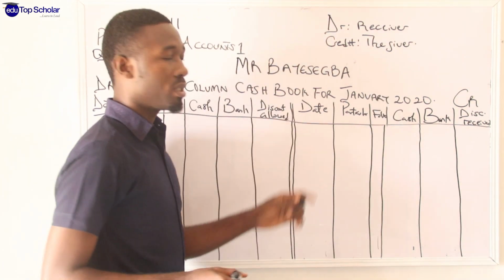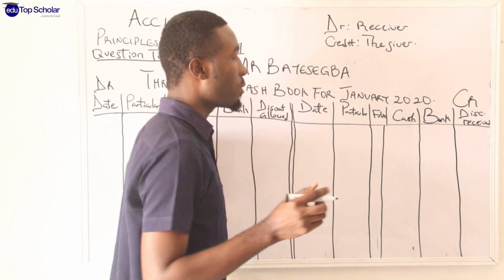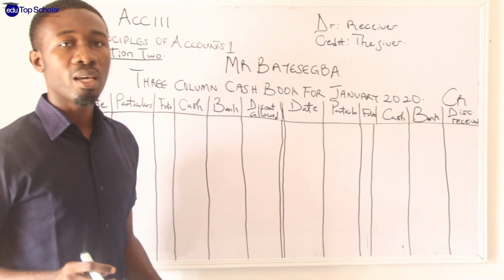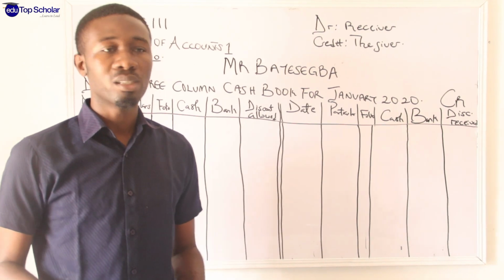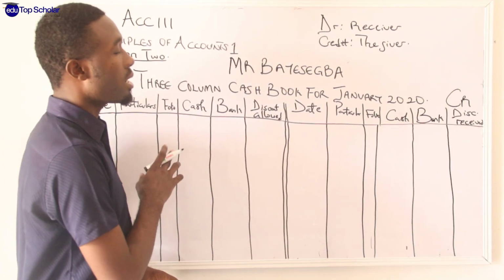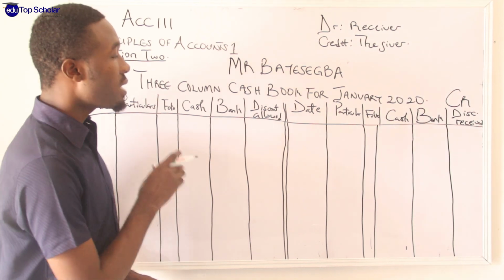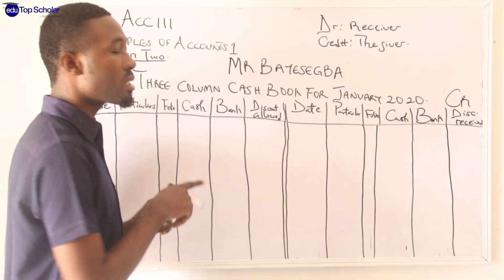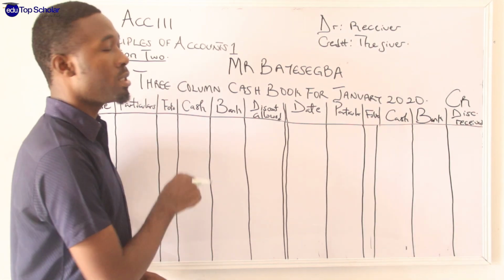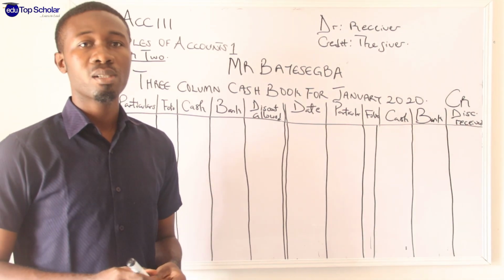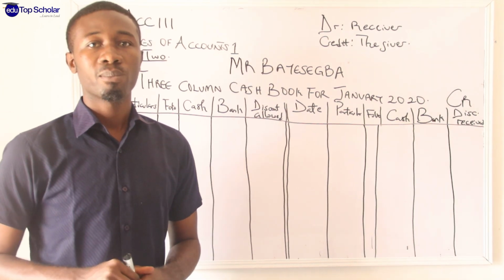So you need to note this, and also note the principle of double entry, that for every debit entry there must be a corresponding credit entry and vice versa. So when you have a debit entry, it means that of necessity there must also be a credit entry of that same transaction. Maybe not in this book, but it must also have a corresponding credit entry in another book.